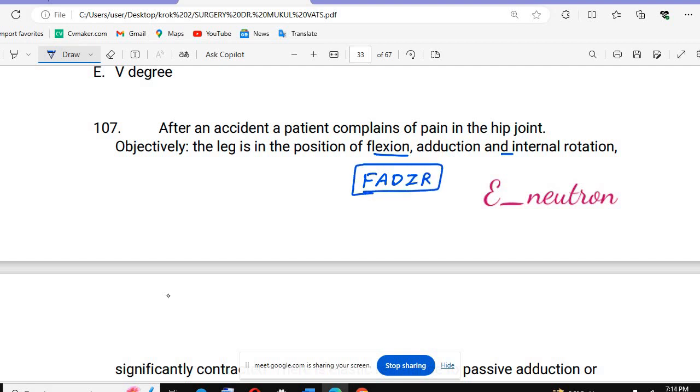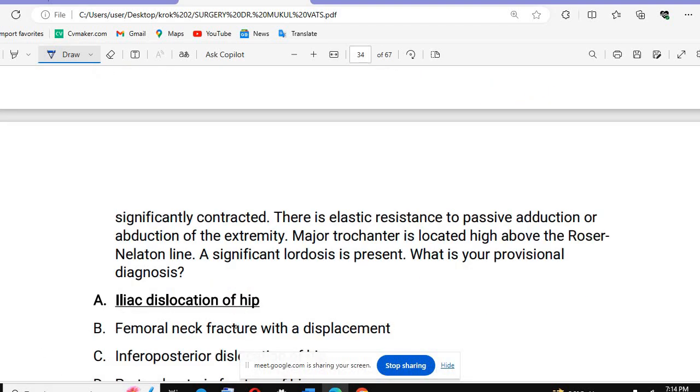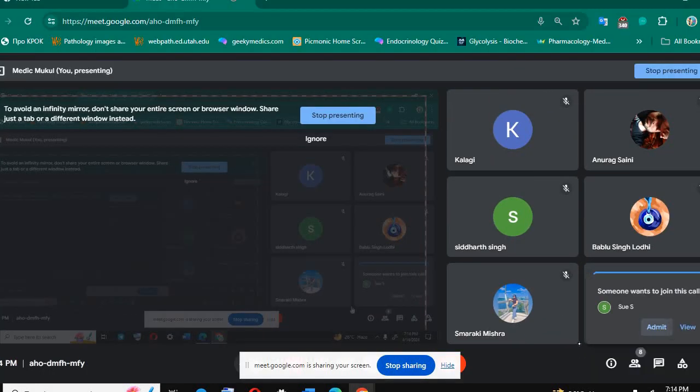FADIR means flexion, adduction, and internal rotation. Significantly, there is elastic resistance to passive adduction or abduction. The greater trochanter is located high above the Rosen-Nelaton line. A significant lordosis is present. Lordosis means like in the load position.